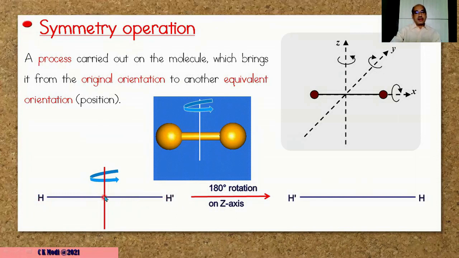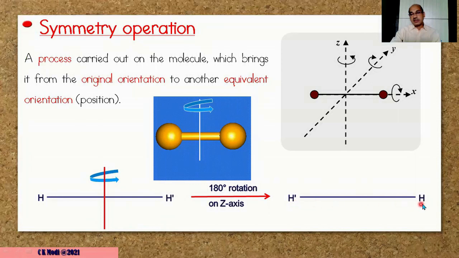Now, if I pass an imaginary line through the center of that molecule and rotate this line around by a certain degree, then after the rotation H changes to H prime, or H prime changes to H. So after performing this cyclic operation on the Z axis at around 180-degree rotation, this H comes over here and H prime comes over here.